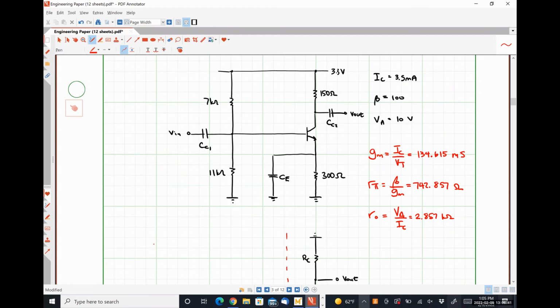The reason that we're going to do that is because at DC, we see a pretty large resistance here, 150 ohms, right? Which is going to cause a large voltage drop, depending on how much current is flowing through it. Well, for these transistors at DC, they represent very small voltage drops, but at AC, they look like pretty dang large resistors.